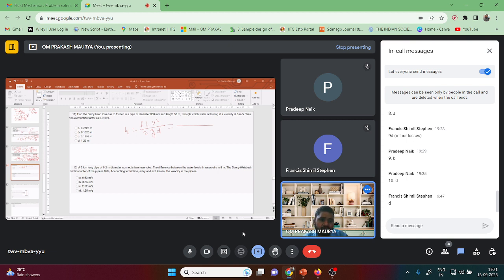For question number 11, length is 50 meter and V is 3 square divided by 2 into 9.81 into D is 0.3.